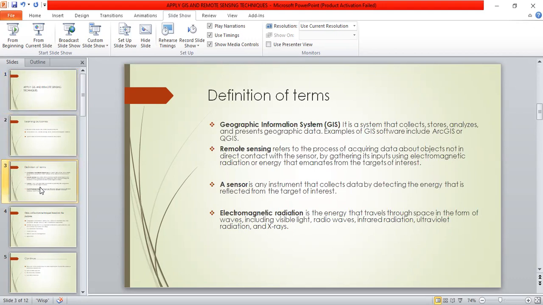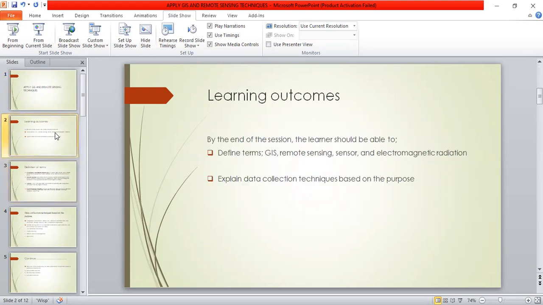We have four terms, and I want Njeru to define for us the term GIS.